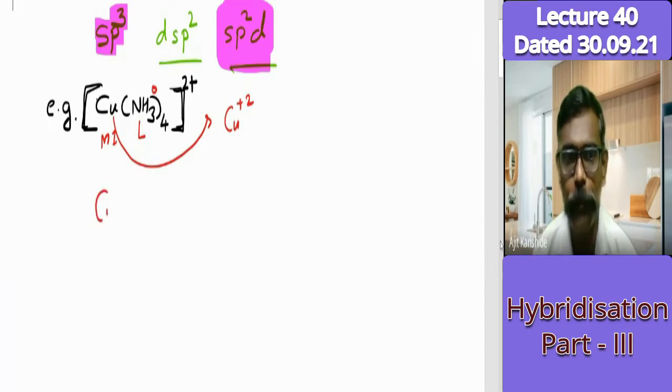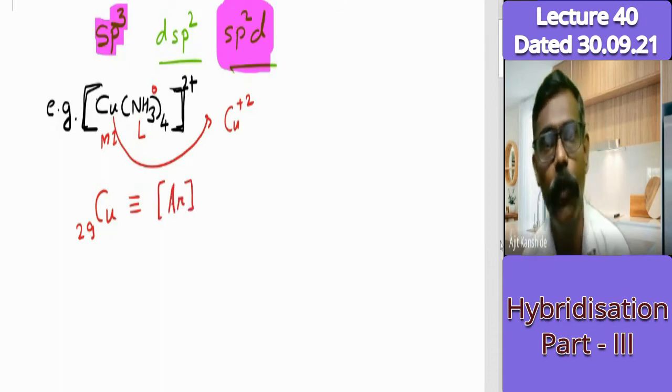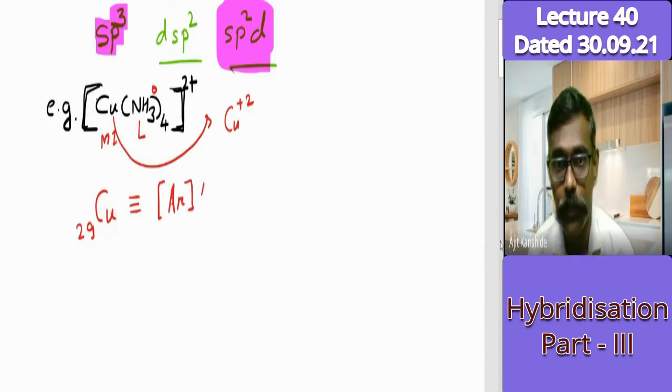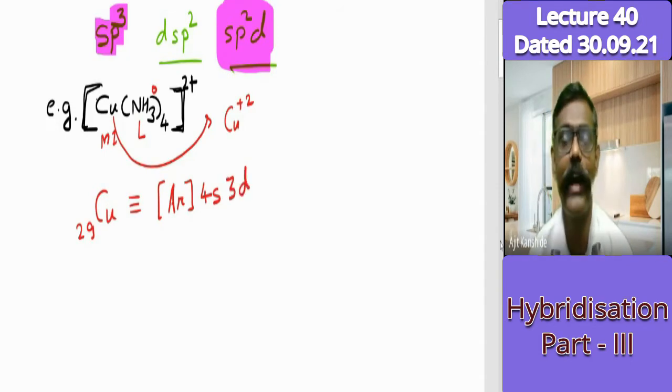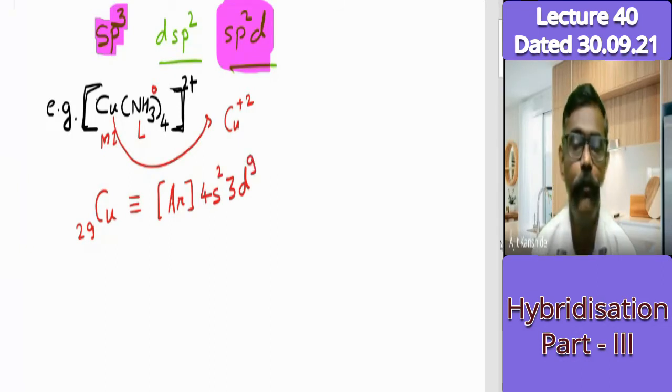The atomic number of copper is 29. If I have to write its outer electronic configuration, it is argon, where 18 electrons are involved. After argon, the 4s orbital begins, that's potassium. After 4s, 3d orbitals are there. It is expected to be 4s2 3d9, but it is not.